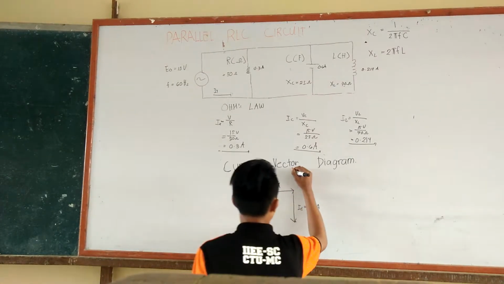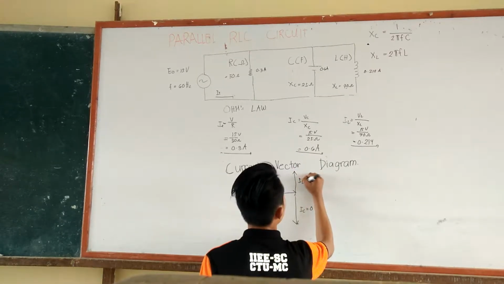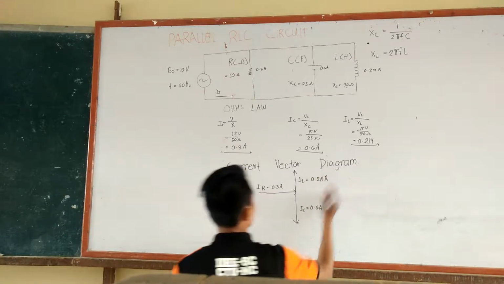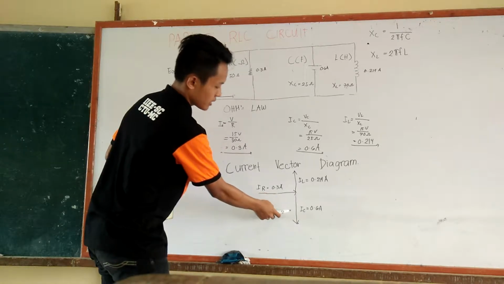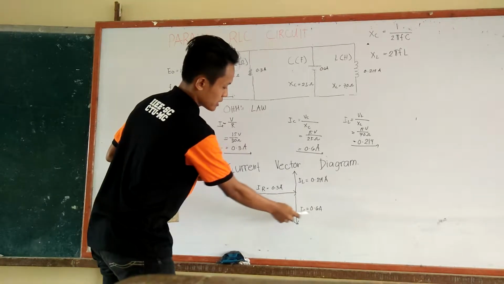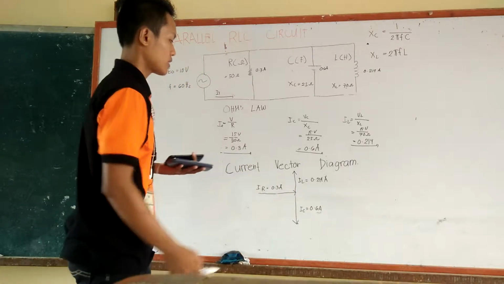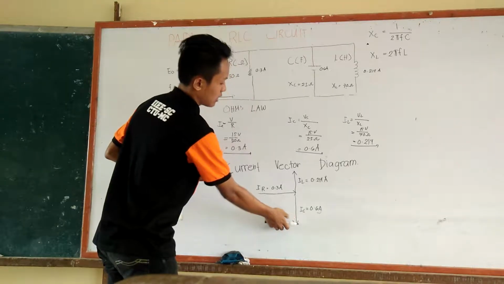So that'll be I sub L, which will be 0.214 amperes. Now, as you can see, the vector pointing down is much bigger than the vector pointing up, so we can just subtract and shorten the vector here.